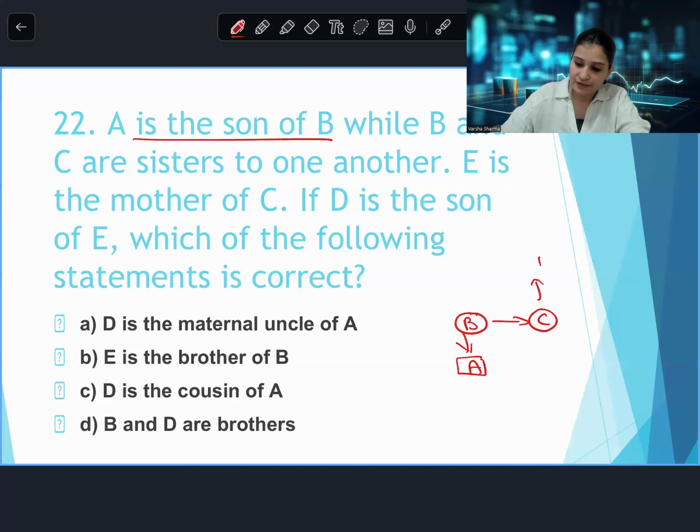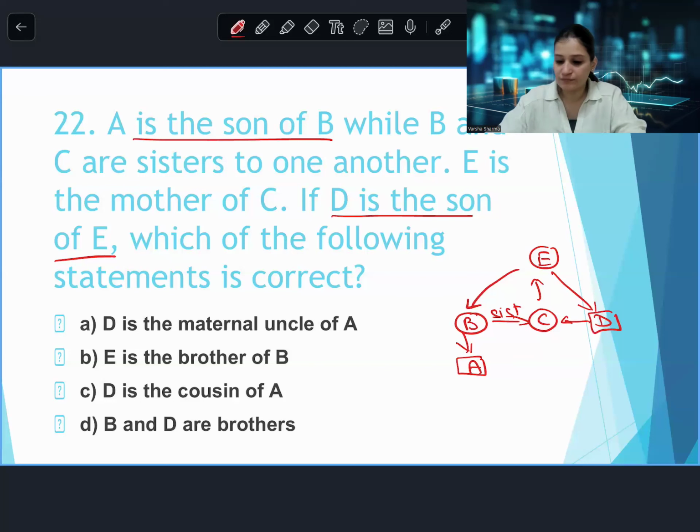E is the mother of C, so E will also be the mother of B. D is the son of E. That means D is the brother of C and B. Which of the following is correct? D is the maternal uncle of A. Yes, D is the brother of A's mother. So that is correct.